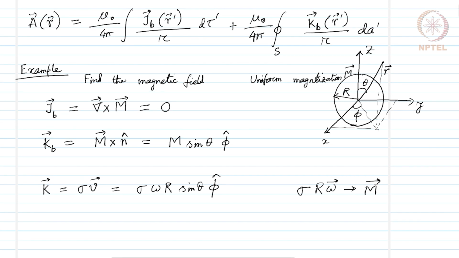These are equivalent, and the magnetic field for this kind of a geometry that we can find is B equals 2 over 3 mu naught M, and this would be inside the sphere.